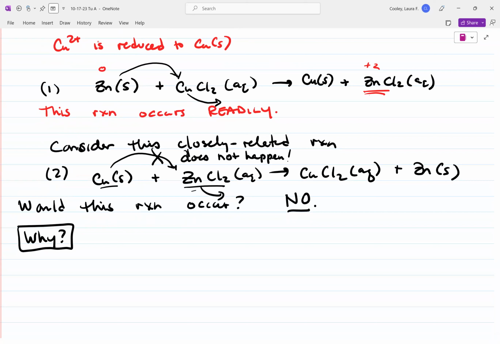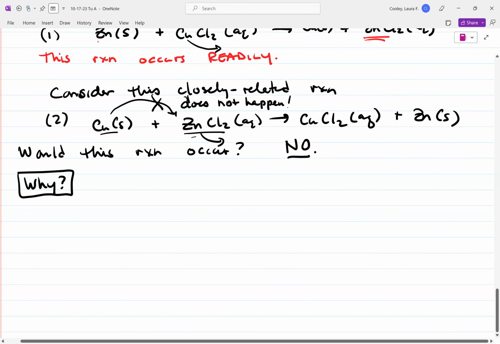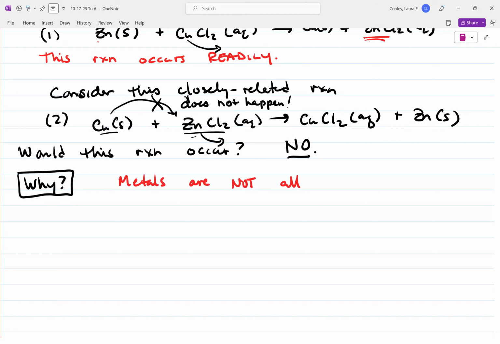Another way of saying that is it is more comfortable with a positive charge. It is what we call a more active metal. So metals do not all have the same activity.